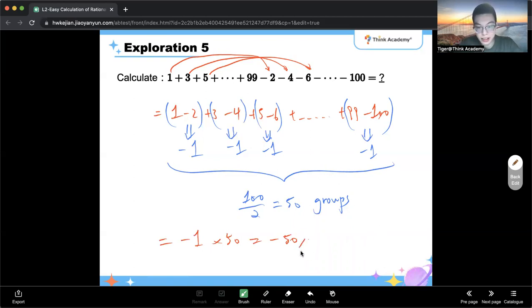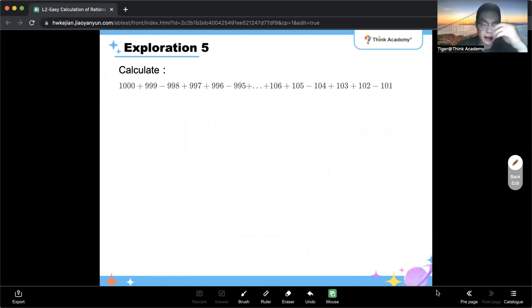What about the last question? Well, not technically the last question, but the second question for exploration 5, because later on we're still going back to exploration 4 there. So for exploration 5, well, this time, observe this question really carefully. We have 1,000 adding 999, subtracting 998, and then adding 997, adding 996, subtracting 995, so on.